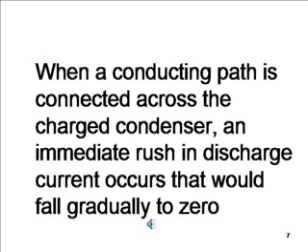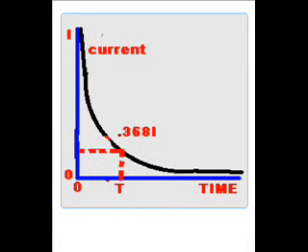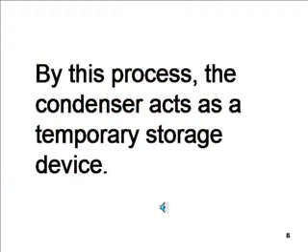When a conducting path is connected across the charged condenser, an immediate rush of discharge current occurs that would fall gradually to zero. By this process, the condenser acts as a temporary storage device.